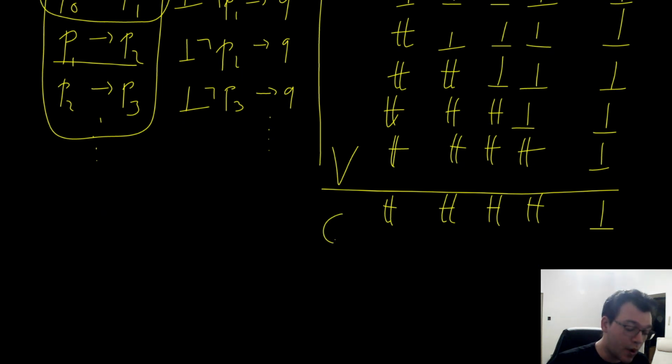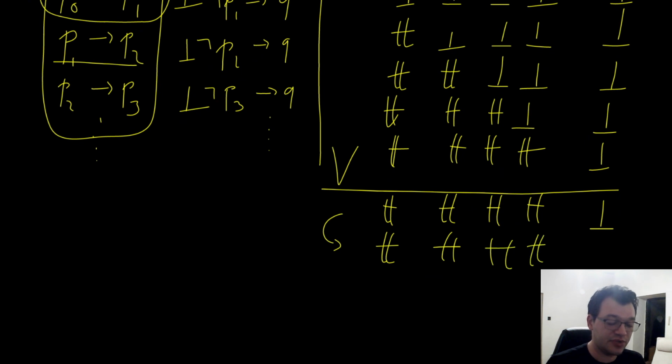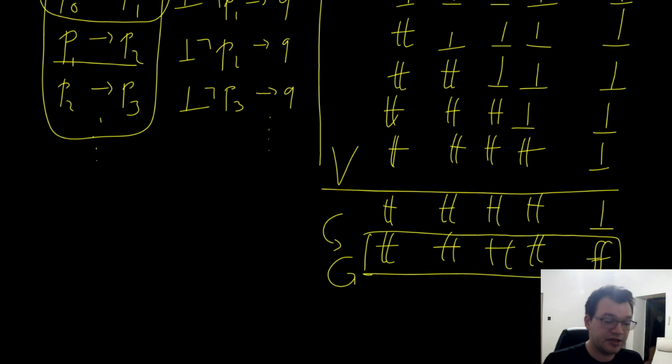So after one more iteration, I will get true, true, true, true, so setting each pi to true and setting q to false. And after one more iteration, I will get this back. So this is a fixed point. So this is a prefixed point, unlike the previous one. So this will be a model of the program.